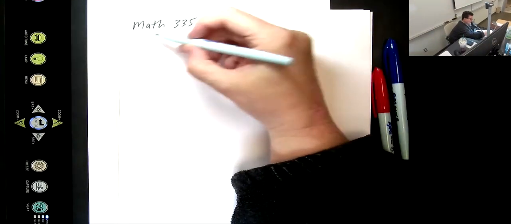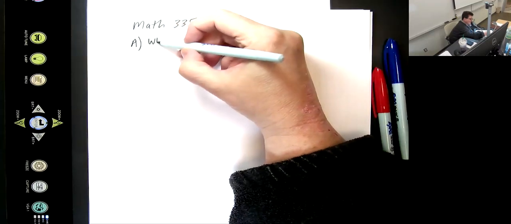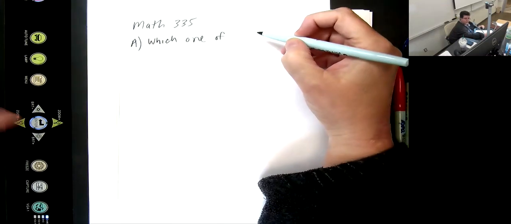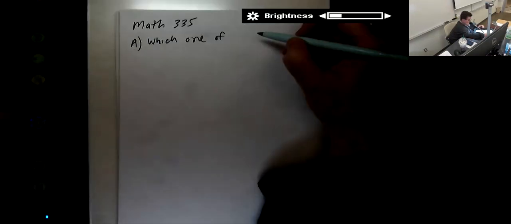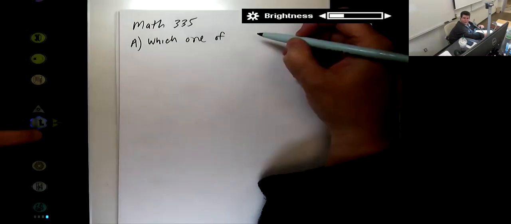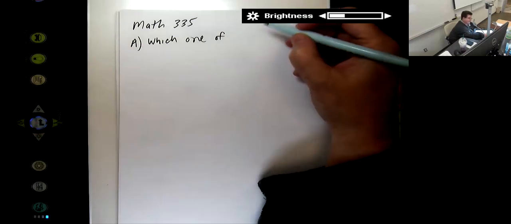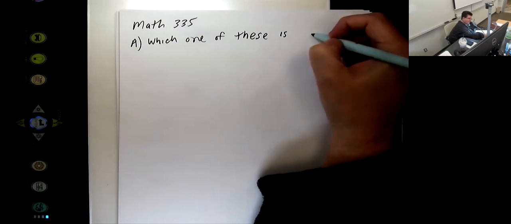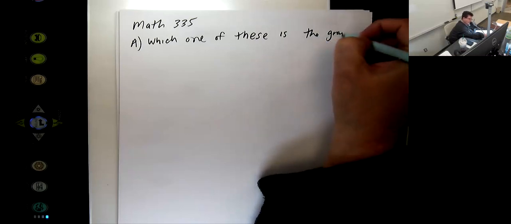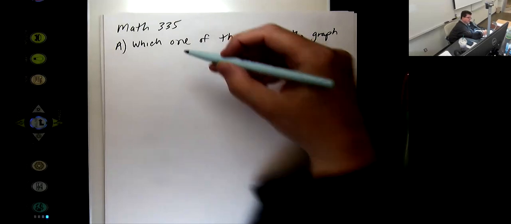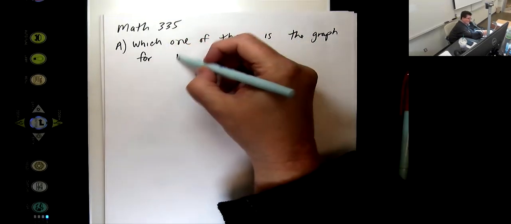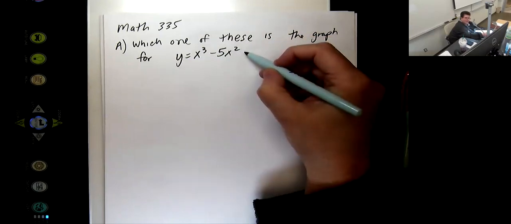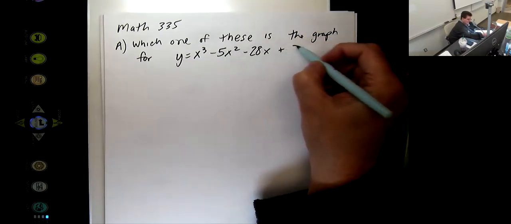Which one of these is the graph for y equals x cubed minus 5x squared minus 28x plus 32?